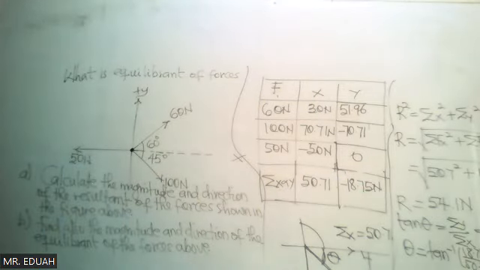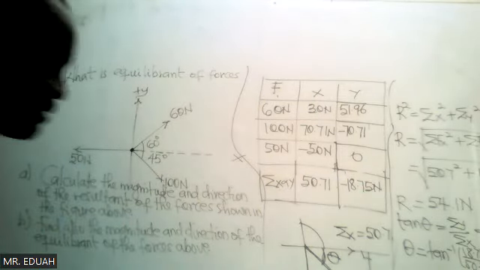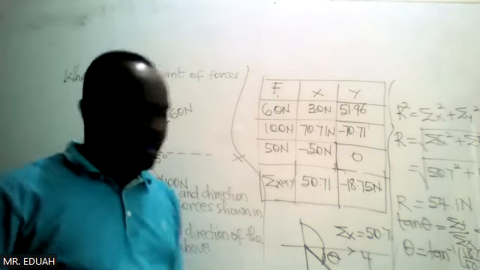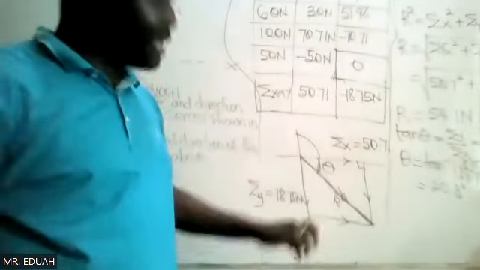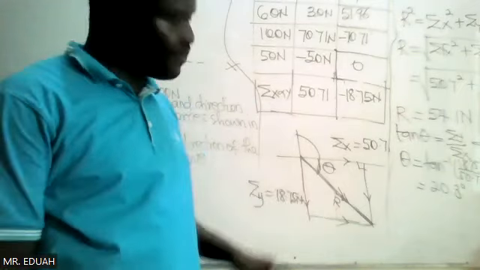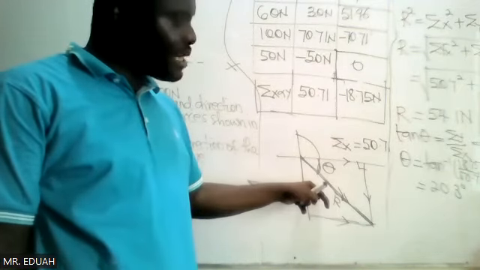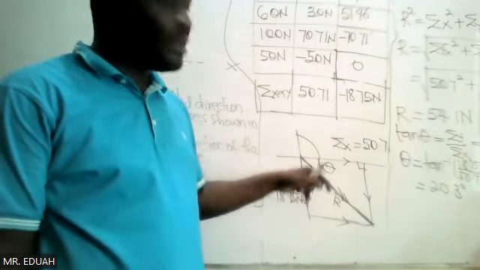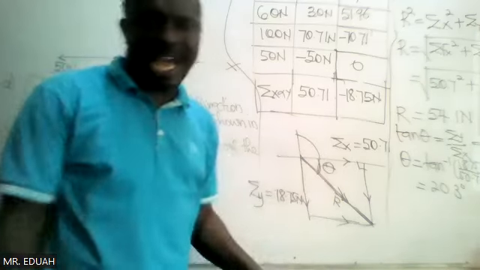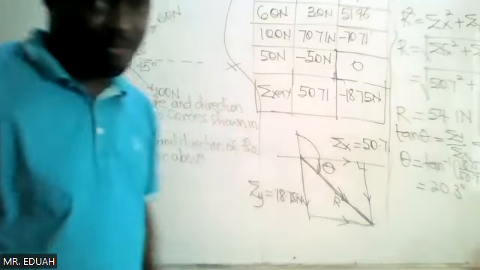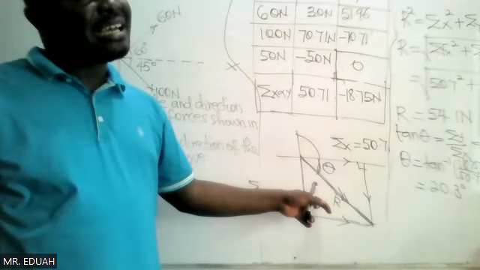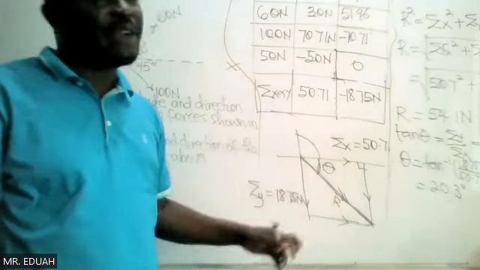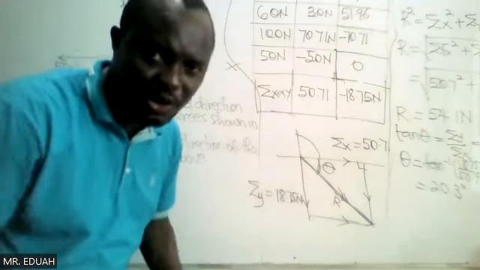Now, one way of determining the equilibrium is this: because we want the total force acting on a system to be equal to zero, the equilibrium must have the same magnitude as the resultant, but have a direction opposite to the resultant.